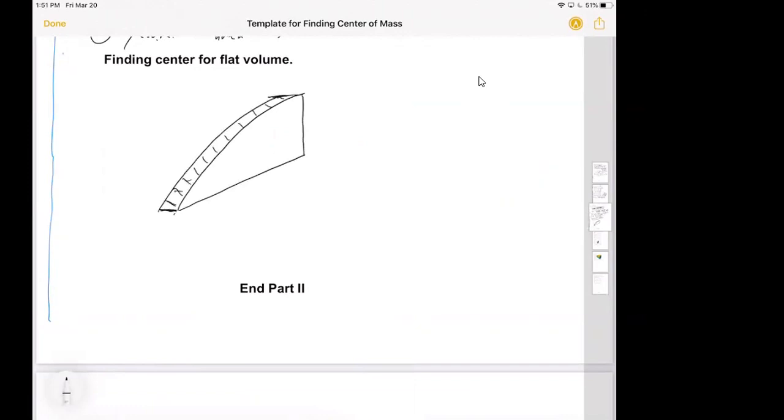So there would be a thickness to this region, and it would extend probably a little bit. If we were looking at it, we would see it kind of extend like that into a third dimension. And if we were going to label these dimensions, this would be our x dimension, this would be our y dimension. And so this new dimension would be the z dimension.